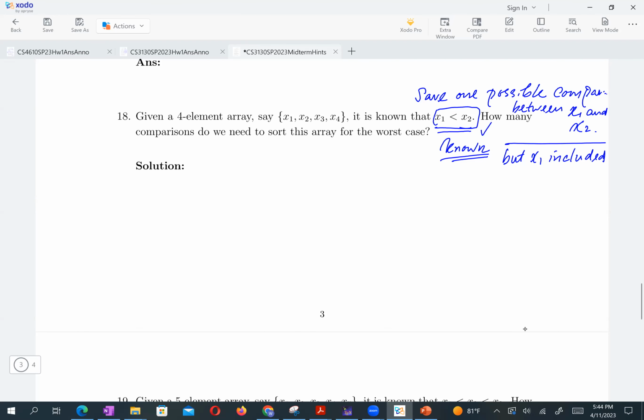And for this question, you need to go back to our example, that one, sort a 4-element array.